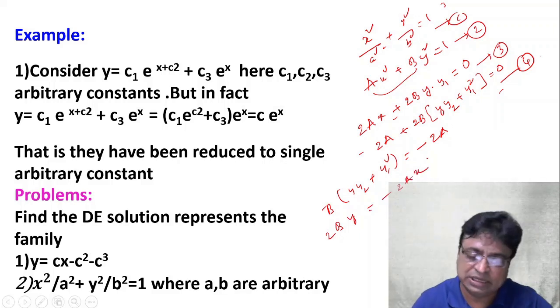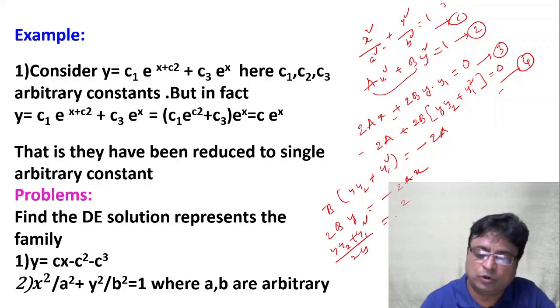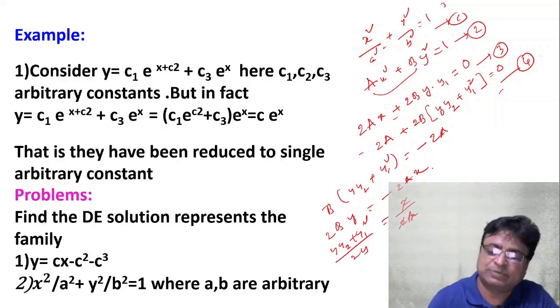Now divide both these sides. Therefore, y y2 plus y1 square by y y1 equals 2 by 2x. 2 gets cancelled. Cross multiply this.